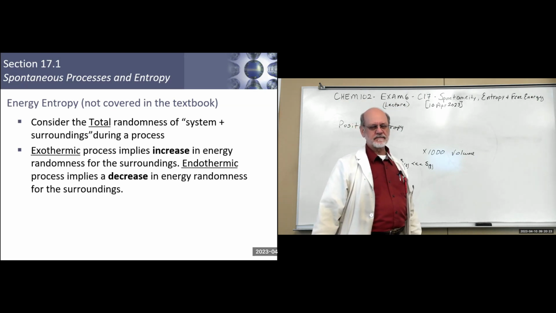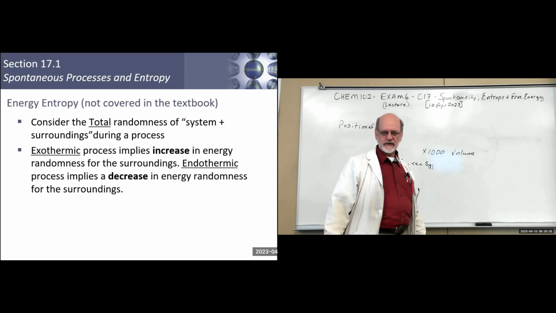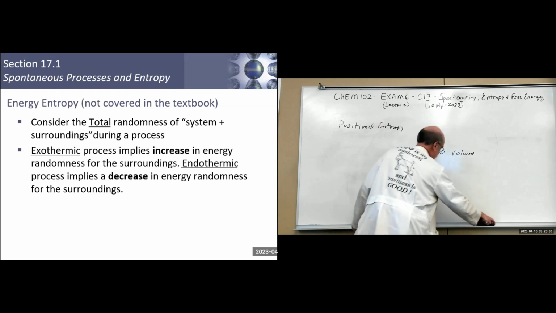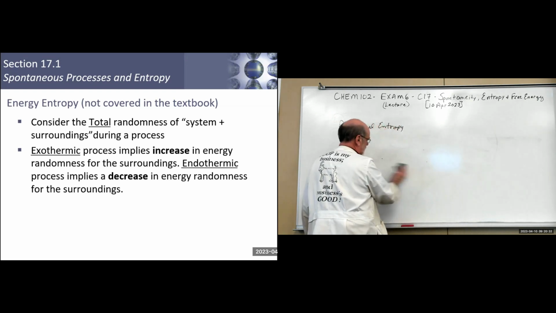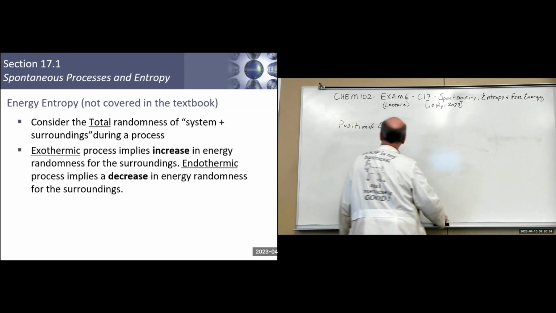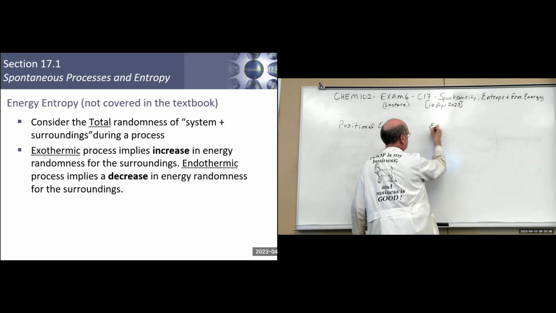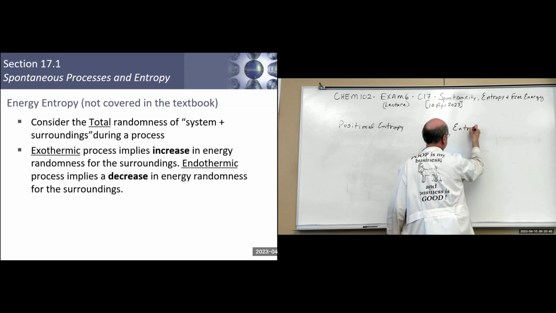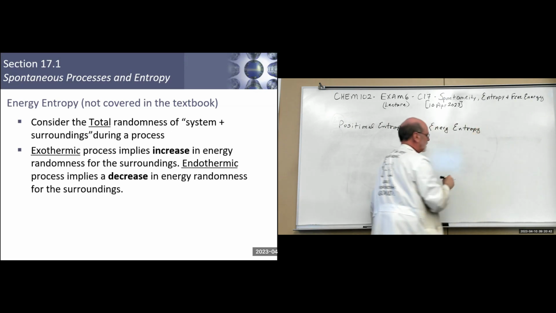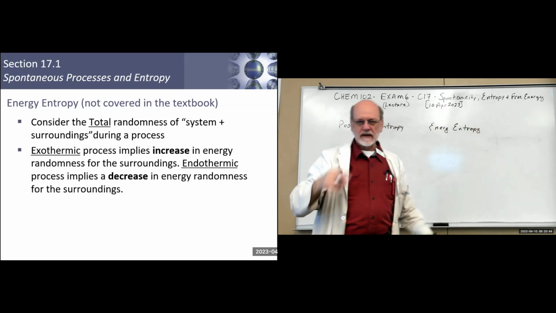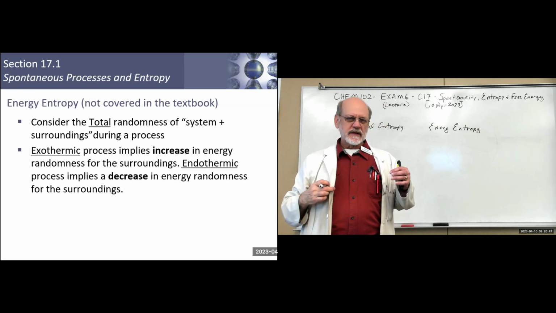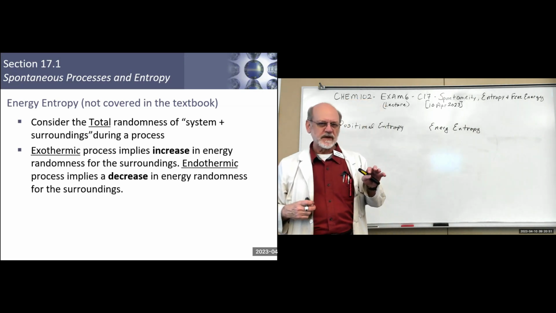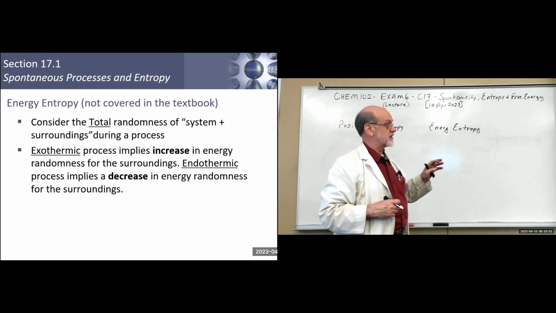So this discussion is not covered in your textbook. That was positional entropy. Now, there's another way of looking at it, and this is energy entropy. Energy entropy also considers the total randomness of the system and the surroundings during a process.